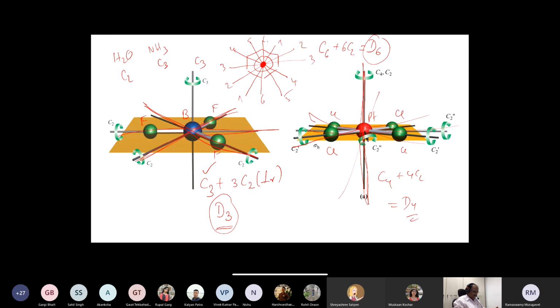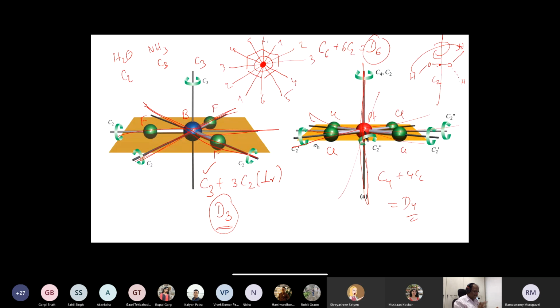However, if I were to draw in this little space I have, the trans form is C2h and the cis form is C2v, but both of them have a C2. This is the C2 for the trans, and for the cis the C2 is like this. So both have a C2, C2h and C2v.